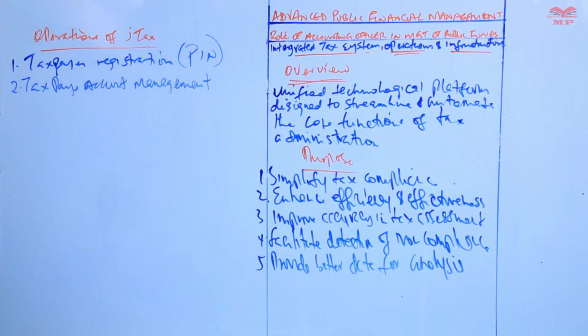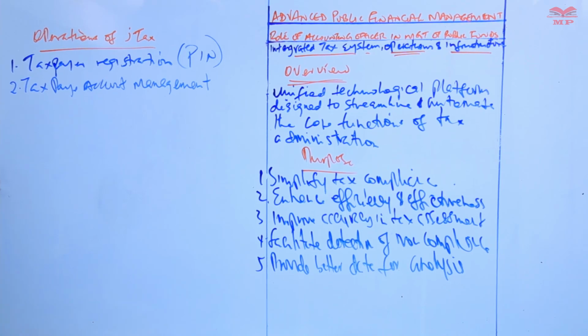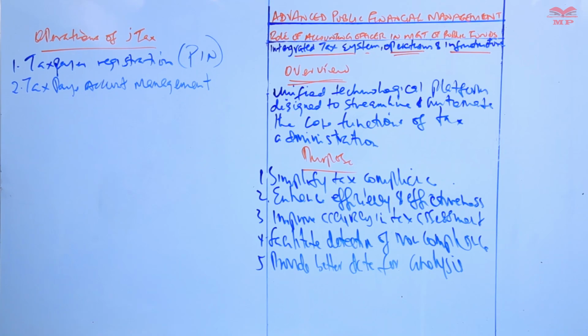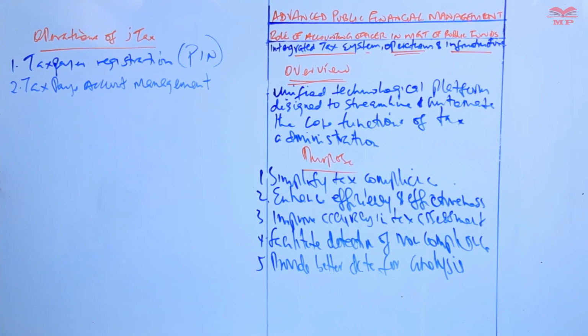The system maintains a comprehensive ledger for each taxpayer, tracking all their tax obligations, payments, refunds, penalties, and interest across different tax types. And that provides a single view of the taxpayer's account status.